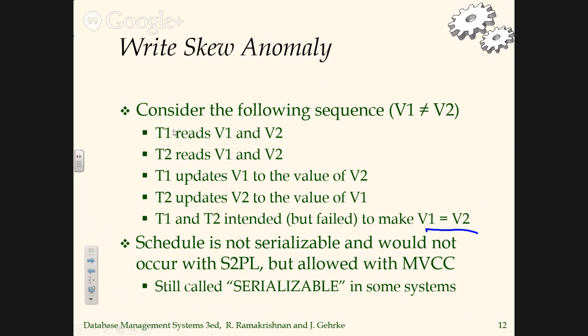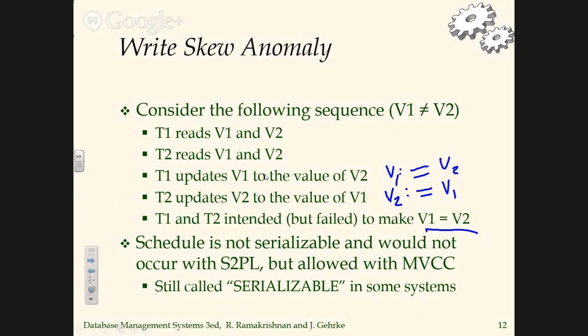So what could happen is that T1 reads the two values, sees that they're not the same. Then concurrently, T2 is reading the two values and seeing that they're not the same. T1 decides to update, basically to assign to V1 the value of V2. T2, on the other hand, decides to assign to V2 the value of V1.